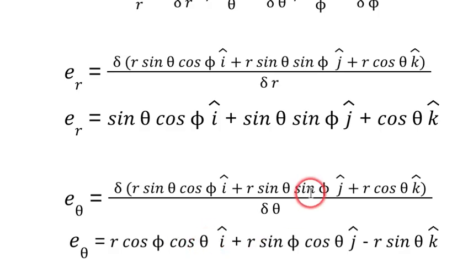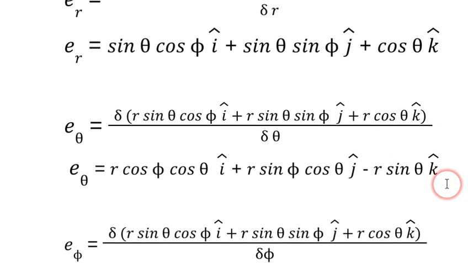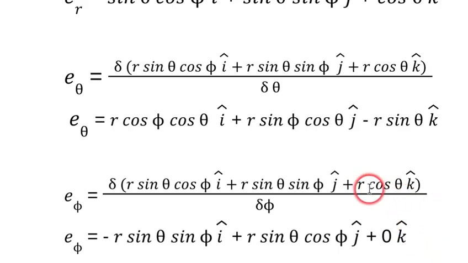And here, the r and the sine phi are constants, and the derivative of sine is cosine. Here, r is a constant, and the derivative of cosine is minus sine. All right, we do the same thing with phi, and we get this. Now, the last term, there's no phi in it, so it's just a 0.